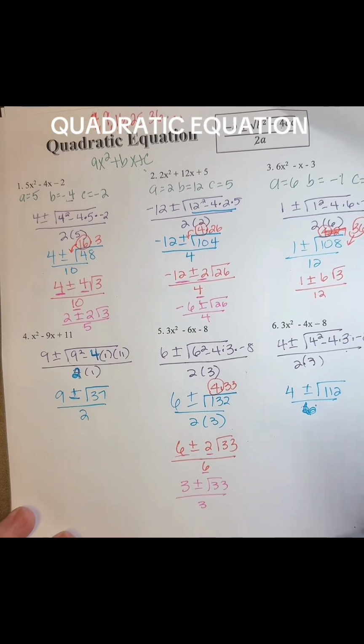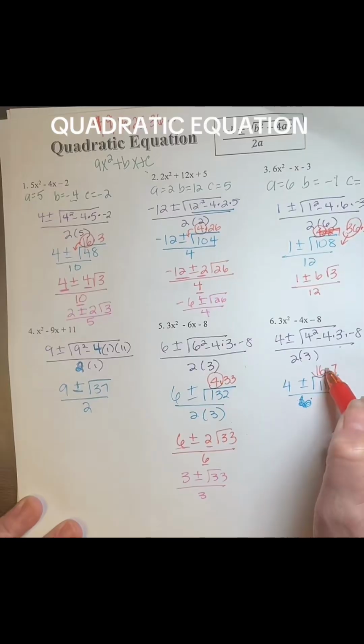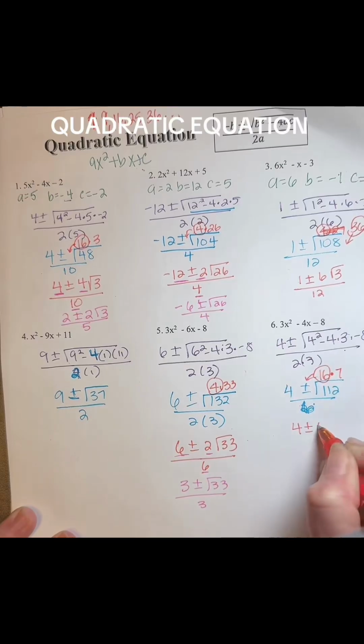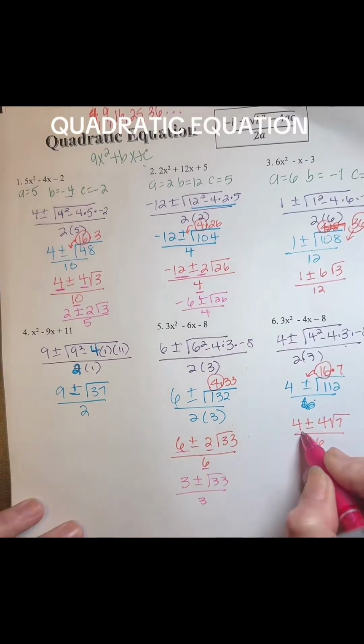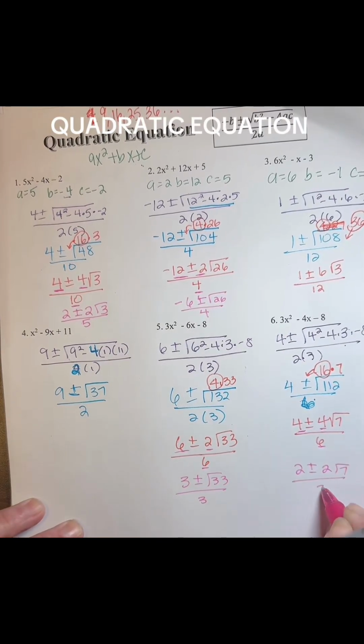I know 16 goes into it, that's why. So if you did 4 divided by 112, you're going to have something else that still one of these go into it. So 4 plus or minus the square root of 16 is 4. 7 stays in the house. And then I reduce each one by 2. That's it.